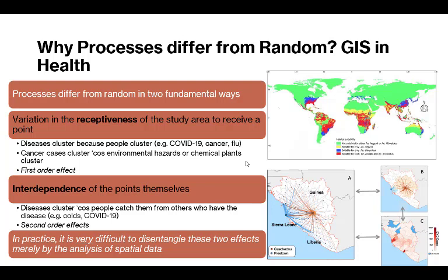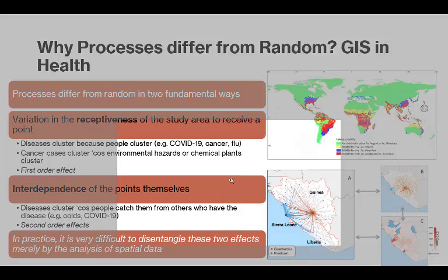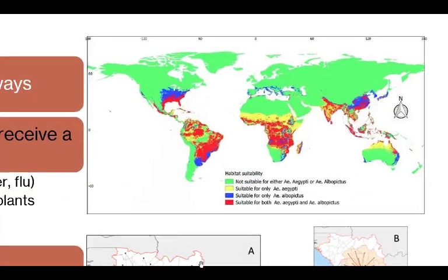Some places are more receptive to certain vectors that carry certain diseases. A very good example would be malaria. The map that I have here shows where across the world there are places that are suitable for certain species of vectors.